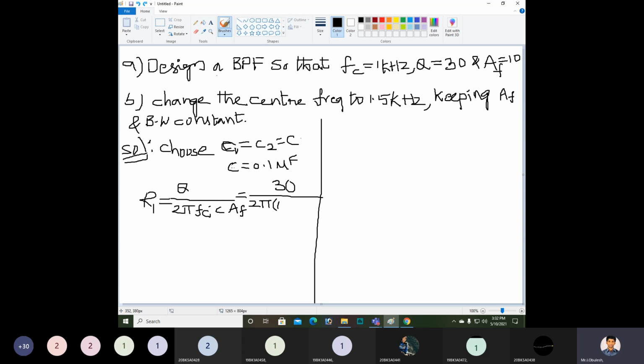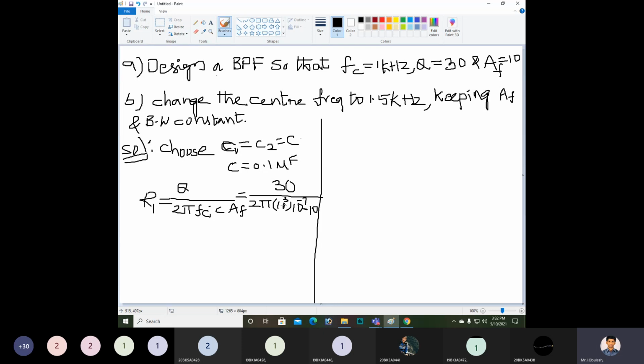Then capacitor C is equals to 0.1 microfarad. This 1K means 10 to the power of 3. 0.1 microfarad means 10 to the power of -7. And then next into, what is the AF value? 10.